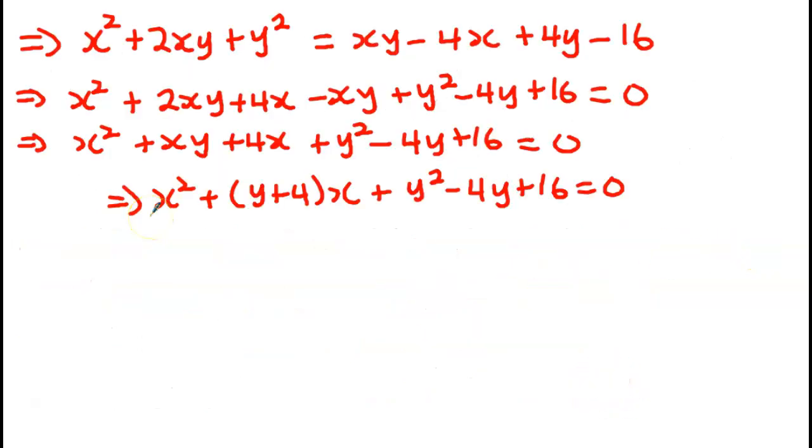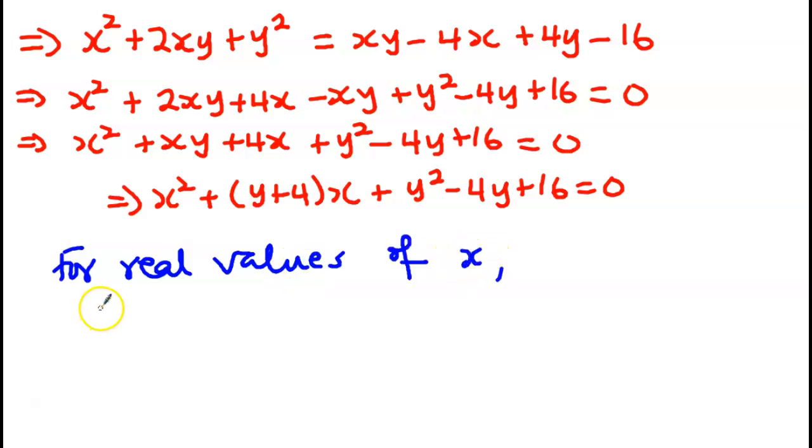Okay, so this is a quadratic equation in x. We have a term in x squared, a term in x, and then the constant term. For real values of x, you can say that b squared minus 4ac is greater or equal to 0.